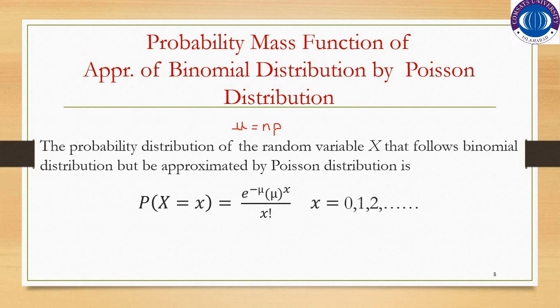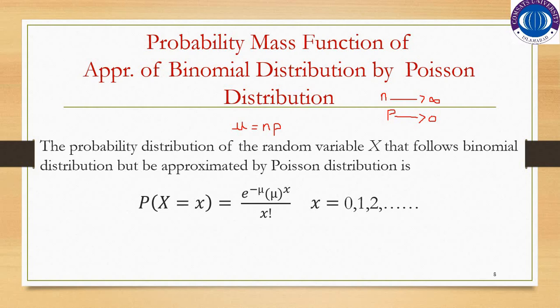As we are seeing that n becomes very large, it means number of trials are increasing, and we are seeing that p is very small. It means that probability of success is very, very small. So it means that the chances of outcome of our interest in an experiment is very low, or it's very minimum.